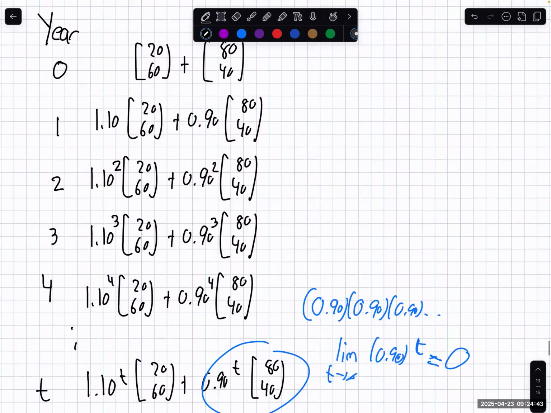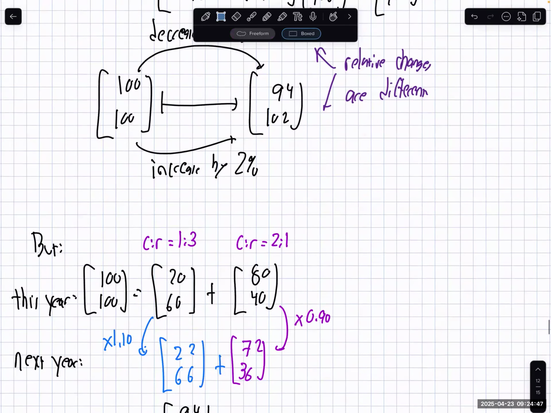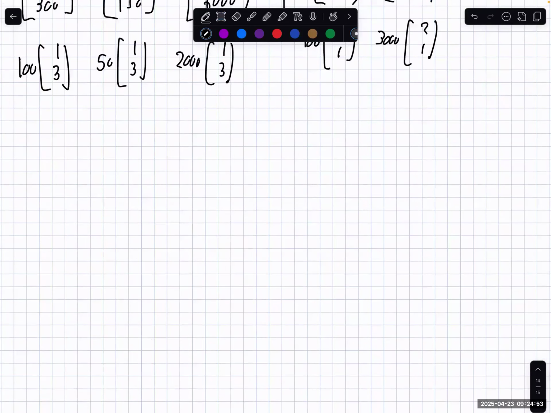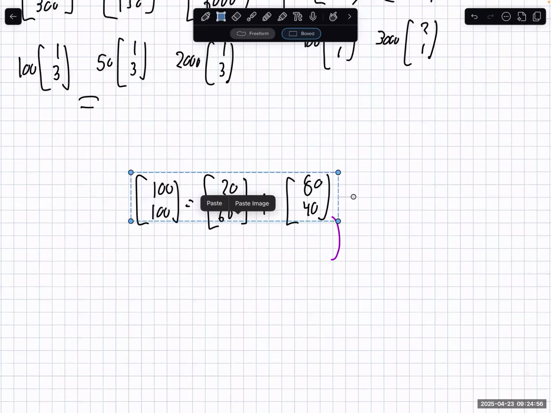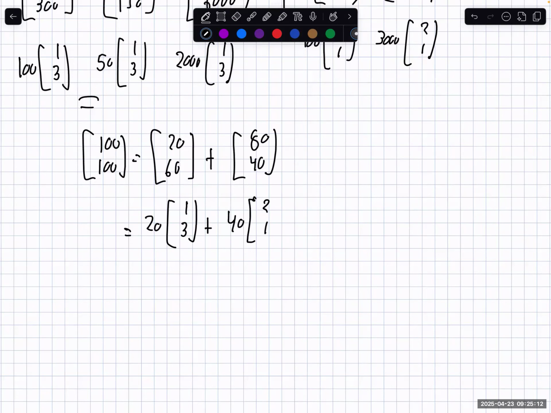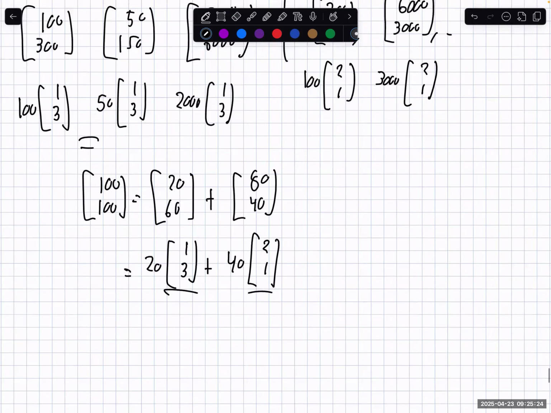And then when we split our 100, 100 as 2 vectors, what we did is we wrote 100, 100 as a linear combination of these 2 vectors that represent each of the special ratios.